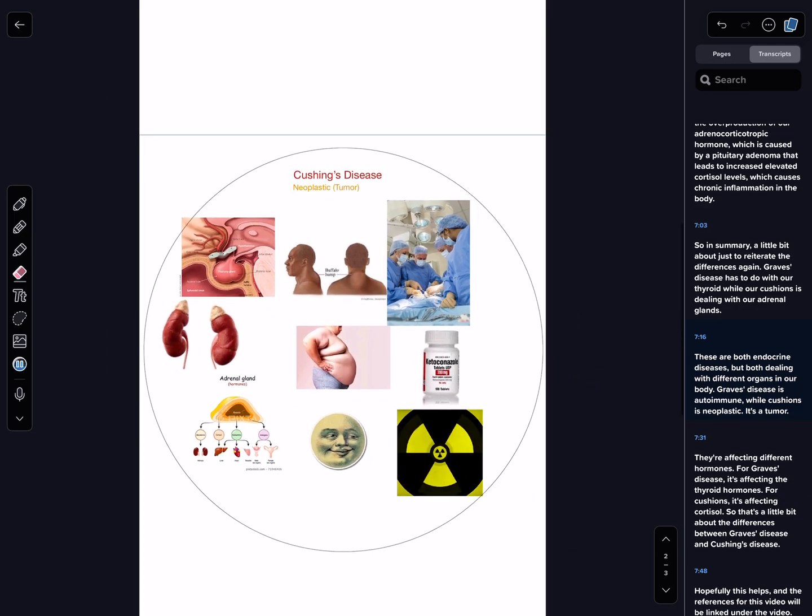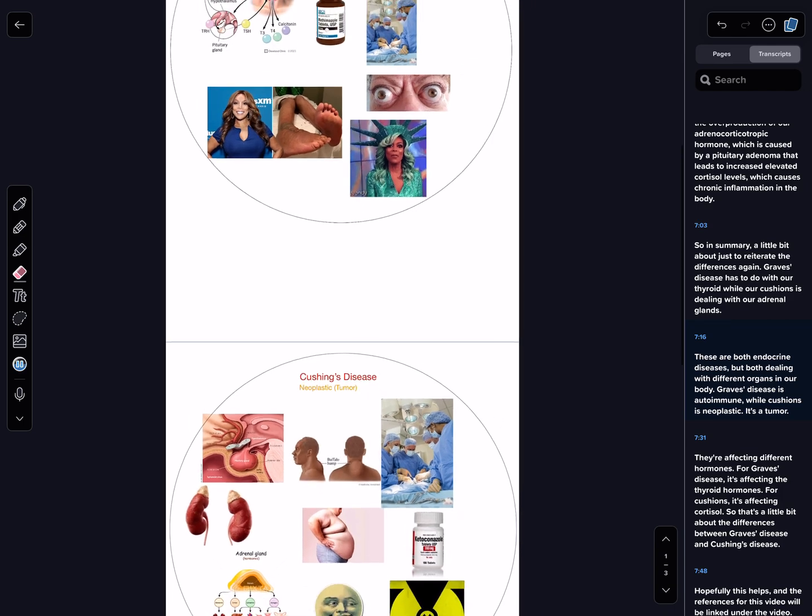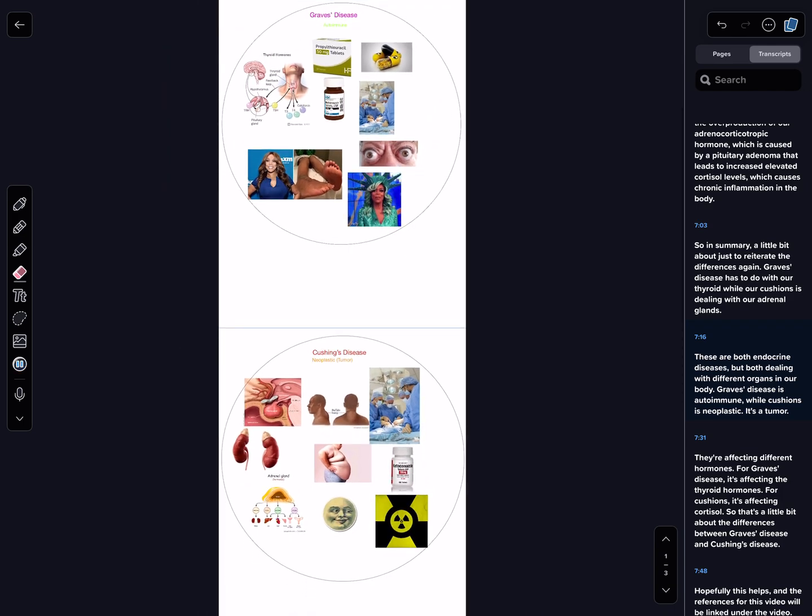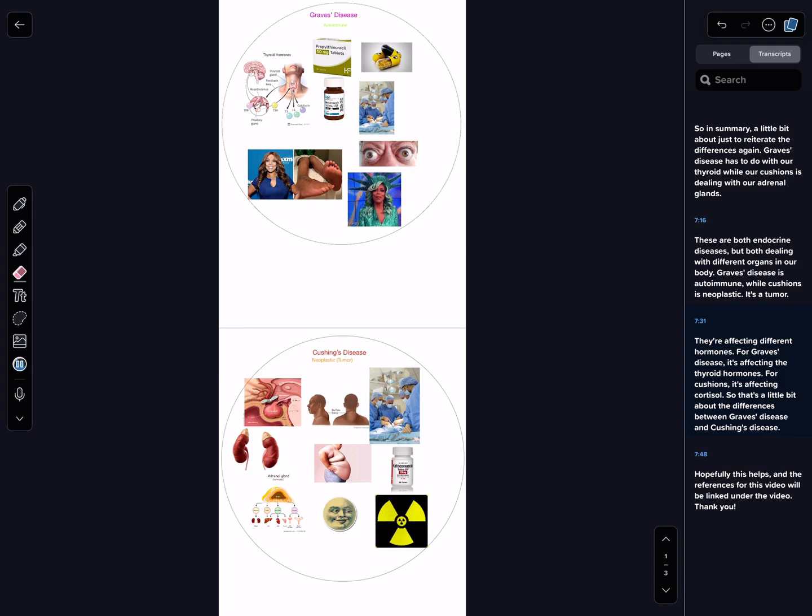So in summary, just to reiterate the differences again. Graves' disease has to do with our thyroid, while Cushing's is dealing with our adrenal glands. These are both endocrine diseases, but both dealing with different organs in our body.